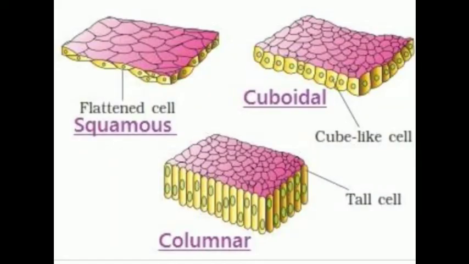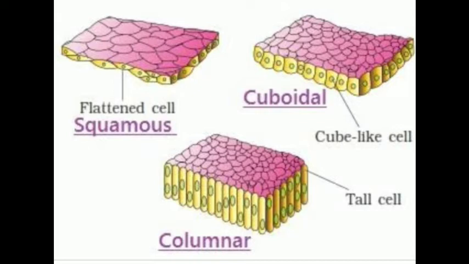Squamous epithelial tissue: in this, the cells are thin, flat, and little cytoplasm is present with nucleus at the center. And the outline is irregular. Squamous epithelium is present in skin, esophagus, and lining of mouth.